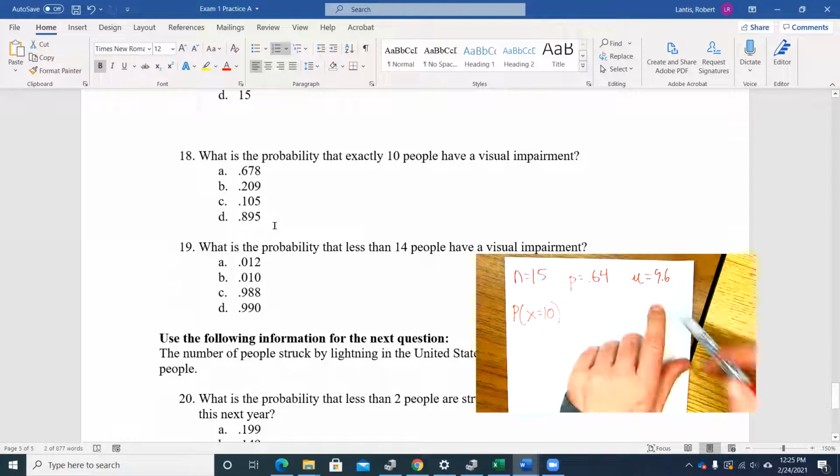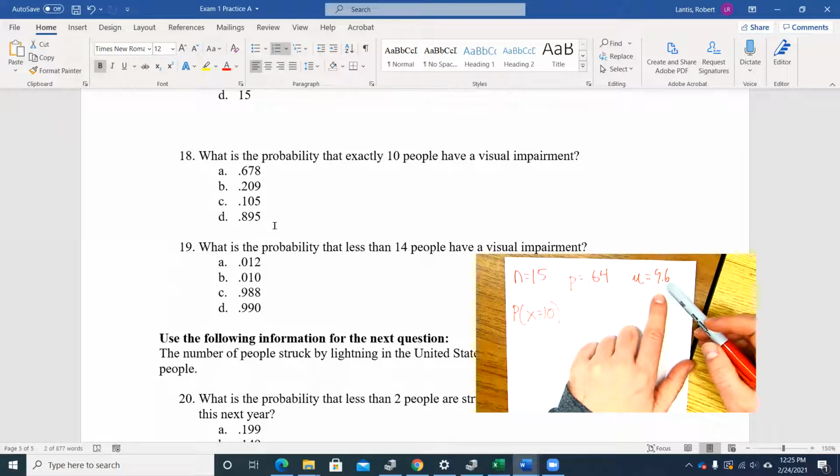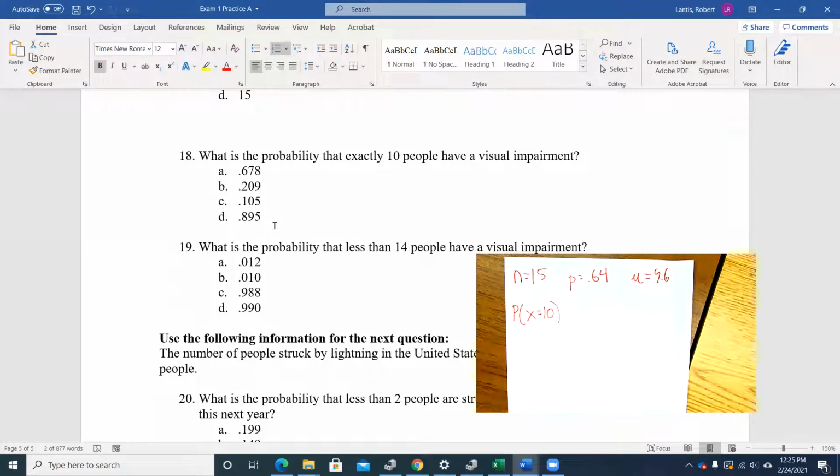But they aren't the only two outcomes, right? We could see 0 through 15. So it's even less likely that the probability of 10 would be as high as 0.9 or 0.6. So if we're just taking a guess here, B or C makes the most sense, okay? But we obviously don't just want to guess.